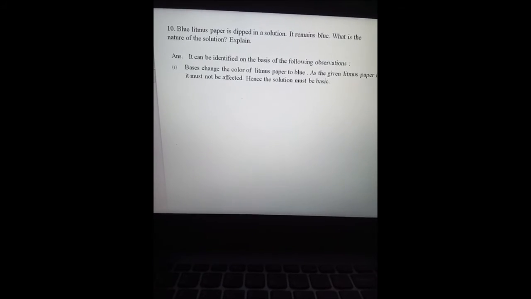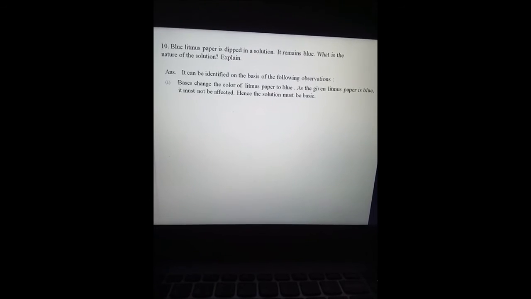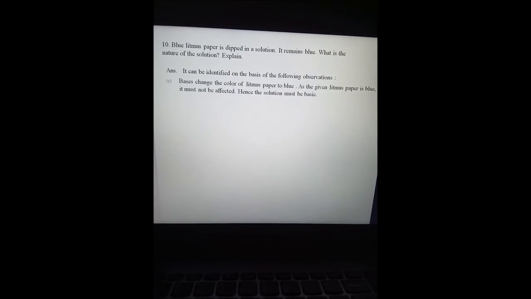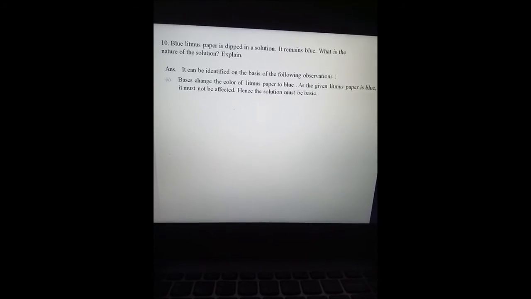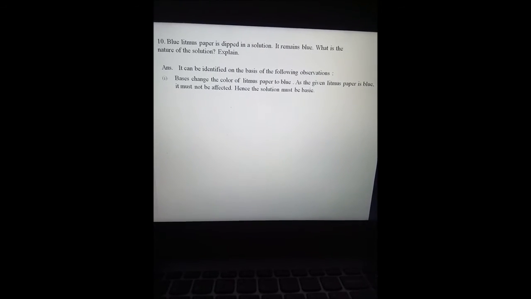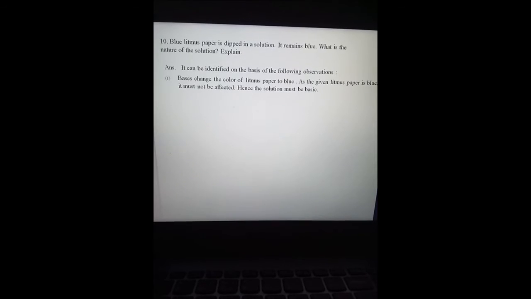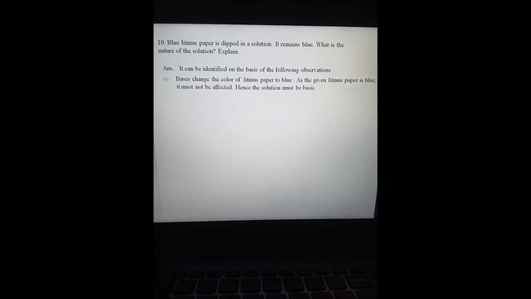As it does not change its color, it might be a base. So the answer goes like this: bases change the color of litmus paper to blue. So the litmus paper is blue and it must not be affected. As written in the question itself, the solution is basic.